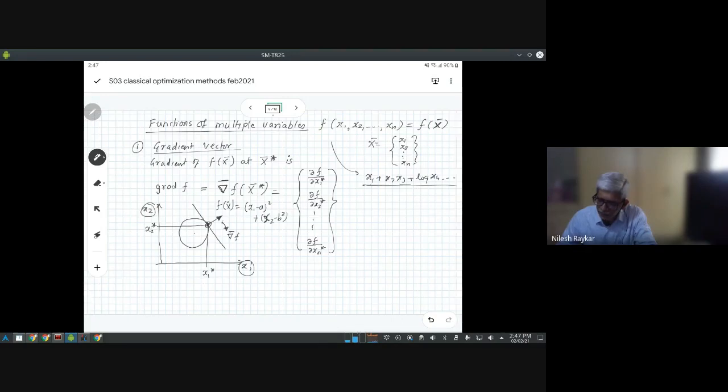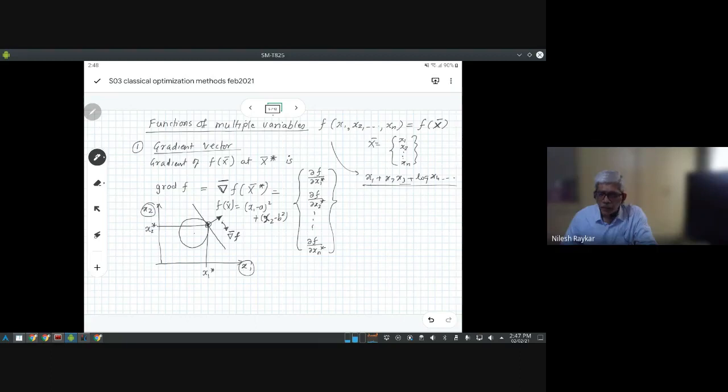So this is the gradient of the function. For example, if our function is a circle, which is easier to visualize, and you draw a tangent to that circle at a particular point, the gradient vector will be perpendicular to that tangent line.